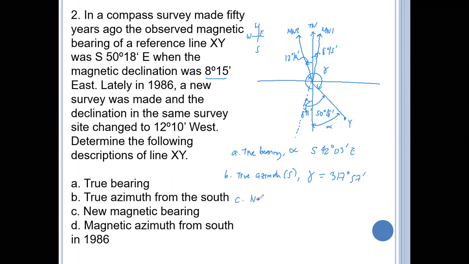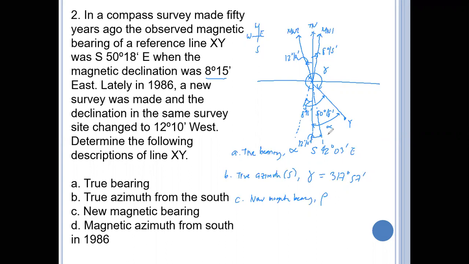Third, the new magnetic bearing. We can label that as, let's say, rho. Since it's new, we're considering this year. Given the second magnetic declination of 12 degrees 10 minutes, if we project that to the other side, the angle of 12 degrees 10 minutes will be the same as the angle here.